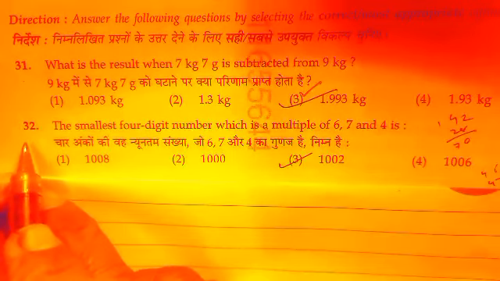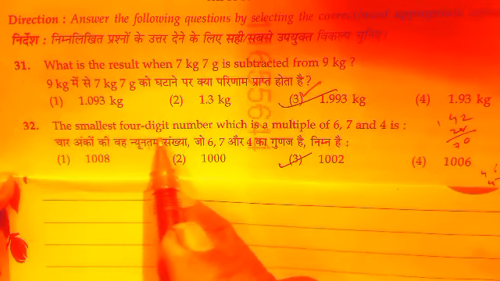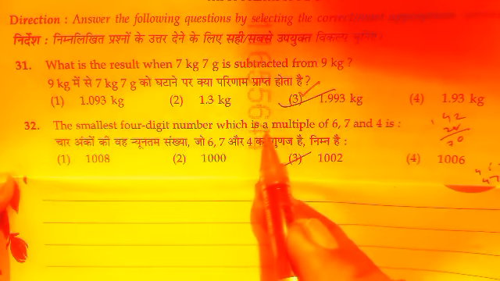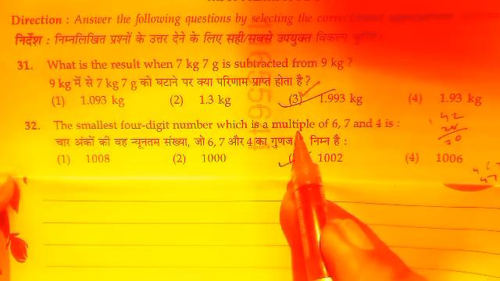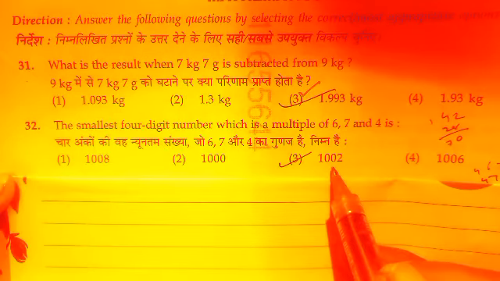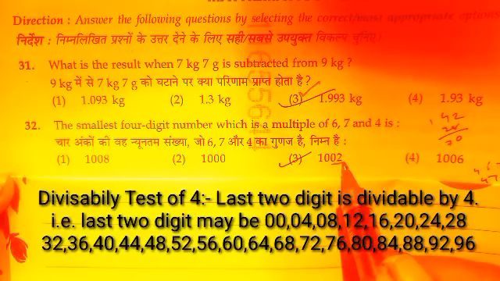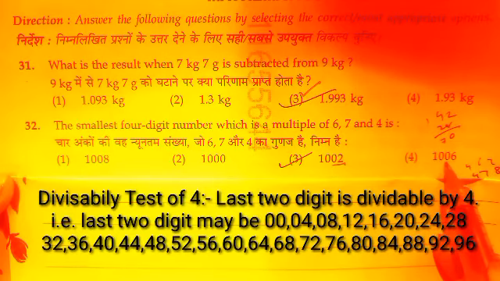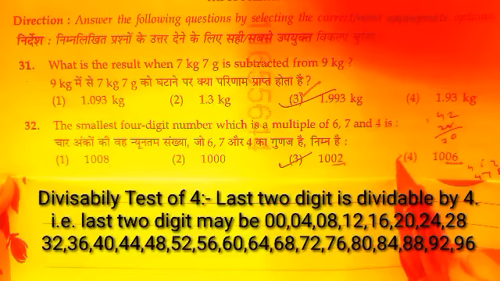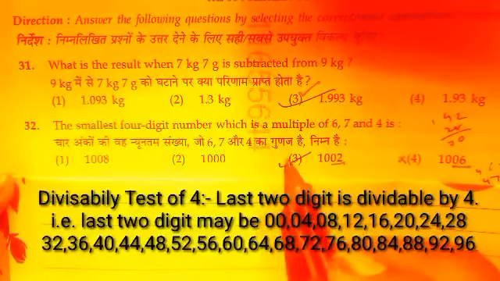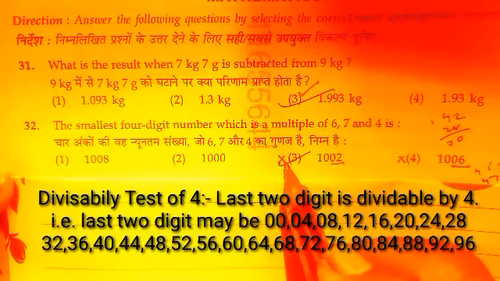Question number 32. The smallest 4-digit number which is a multiple of 6, 7 and 4 is. The divisibility test of 4 is that the last 2-digit number must be divisible by 4. 6 is not divisible by 4 and 2 is also not divisible by 4.